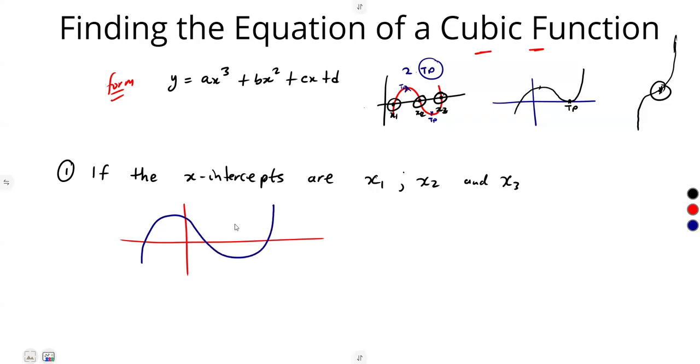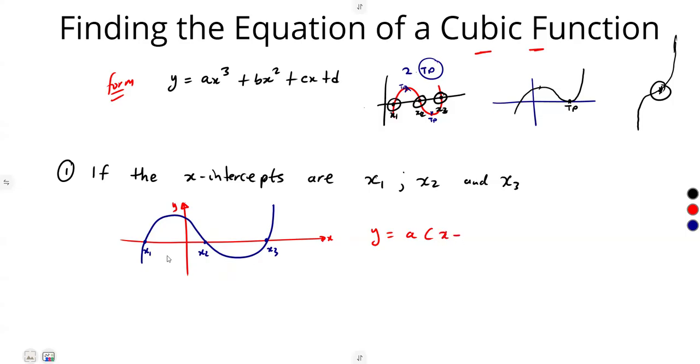Let's say we've got something like this. This is our x1, this is our x2, and this is our x3. It follows that y can be written as a into x minus the x-intercepts, the solutions.